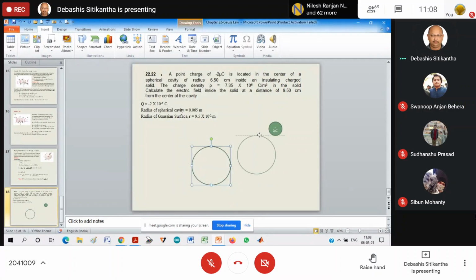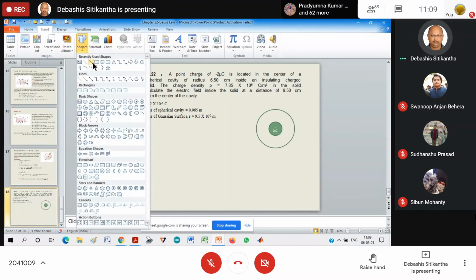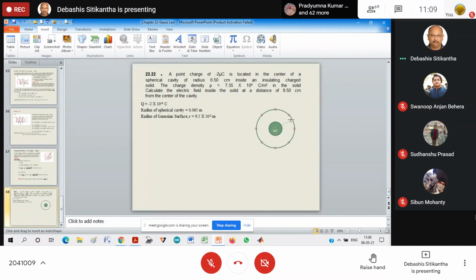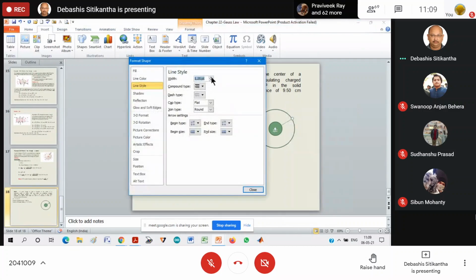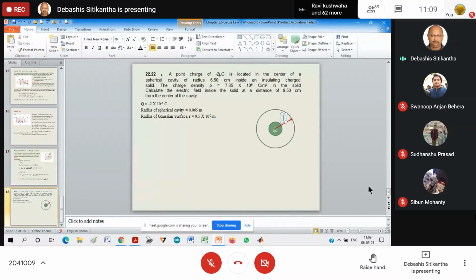So this is the insulated charged solid, and it is having a radius of 0.065 meter.